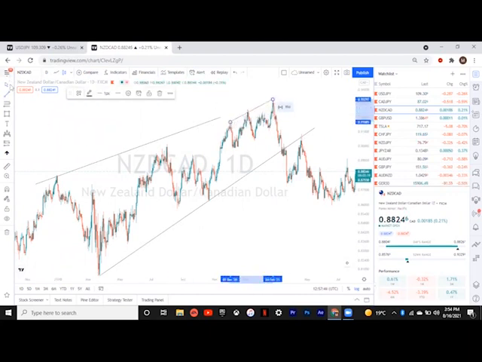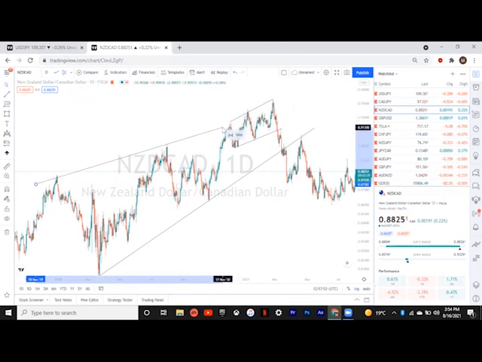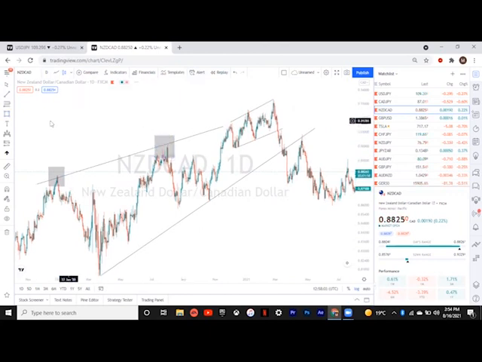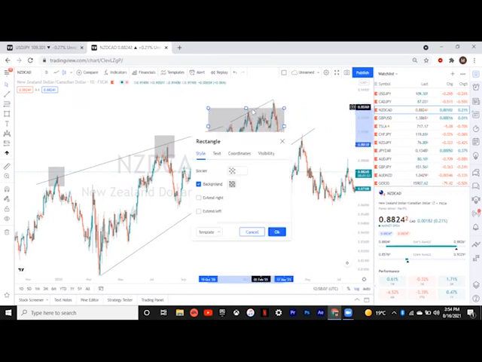It formed another structure or pattern where the price repeated what it did in the bigger time frame, which is 1. Remember, this is 1, 2, and this whole movement here is the third touch.